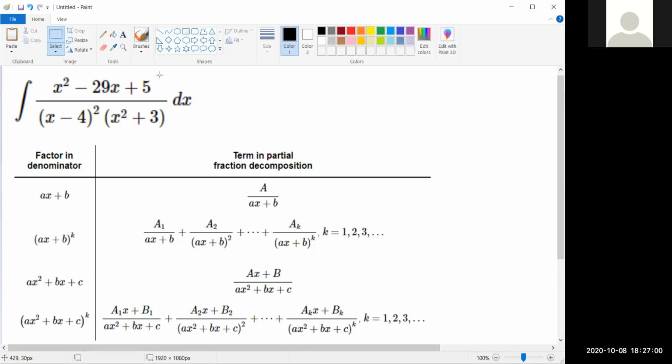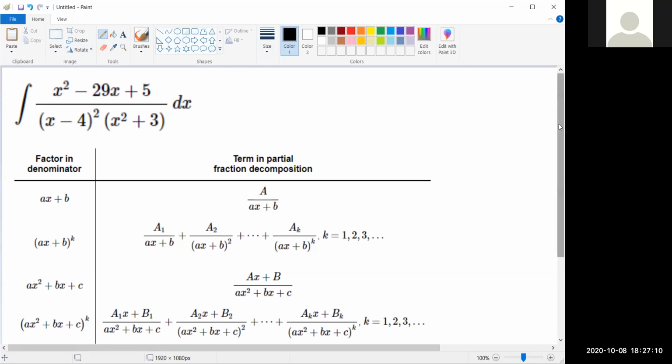All right, let's try to set up the partial fractions for this question. It's already factored for us, which is good. We don't have to do that ourselves.